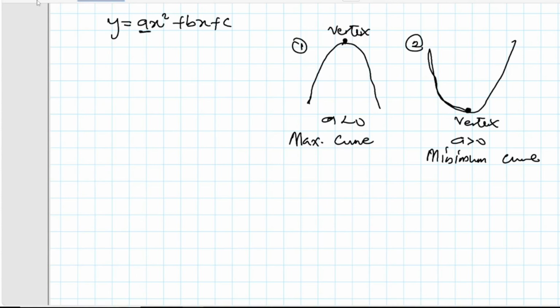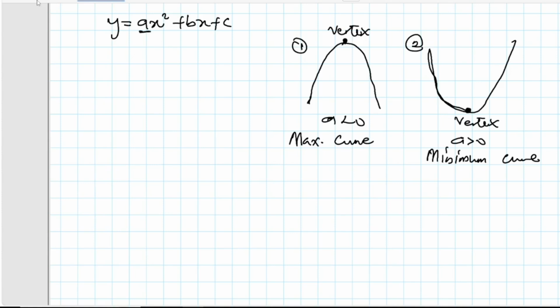So a vertex is, for a quadratic equation, either a minimum point or a maximum point, depending once again on the value of a. If a is negative, then you're going to have a maximum curve, so the vertex is a maximum point. If a is positive, then we're going to have a minimum curve, so the vertex is a minimum point.